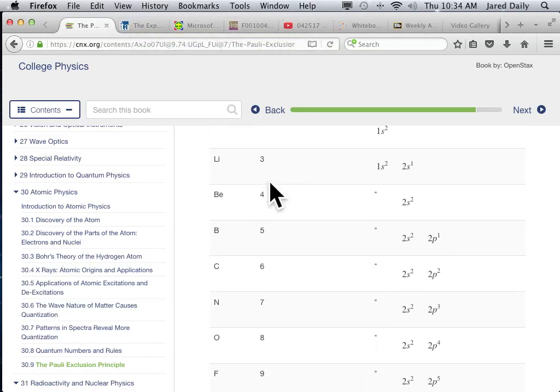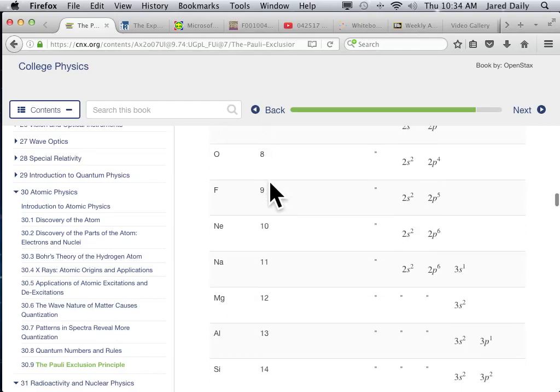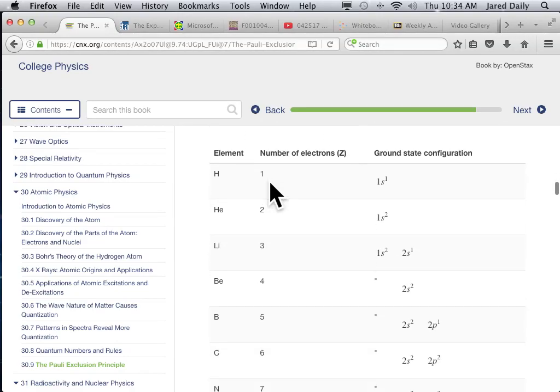And quick question about that 2s1. Since S begins with the previous state, the 2 allows for S also, right? Yeah, every single n state has an S state because S is L equals 0, right?